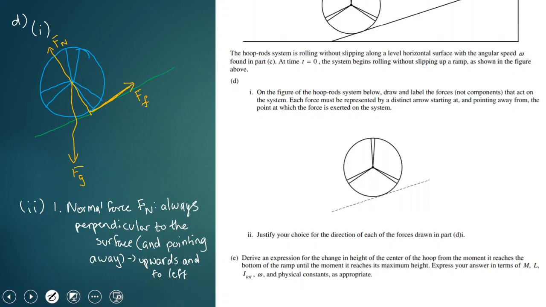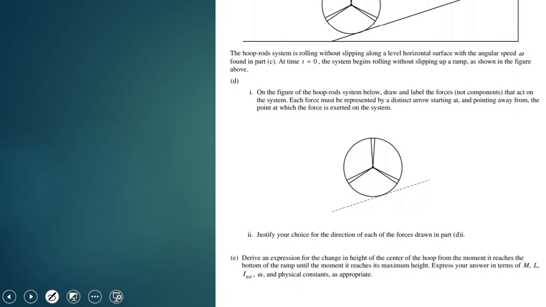For questions like this, I like to be very specific. So I clearly said upwards and to the left, but I'm not sure. You can probably just say that it's going to be perpendicular to the surface and pointing away from the surface, and you should still get full marks. I'm just not sure.